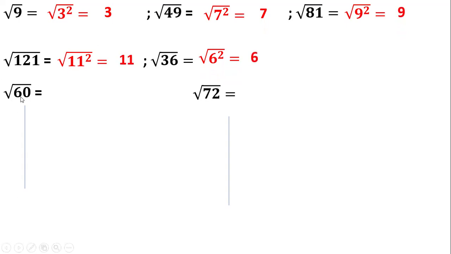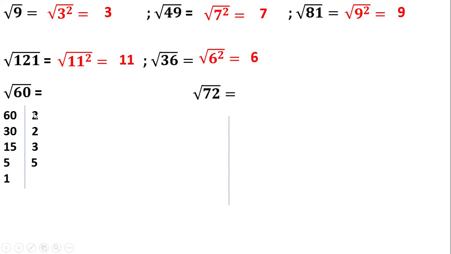Now I have radical 60. 60, is it a perfect square? No, it's not a perfect square. As I said, when I have a number inside the radical which is not a perfect square, I should decompose it into prime factors using prime factorization. So I write 60 and I try to divide 60 starting from 2. 60 divided by 2 is 30. 30 divided by 2 is 15. Here I should not have 4 or 6 or 9.